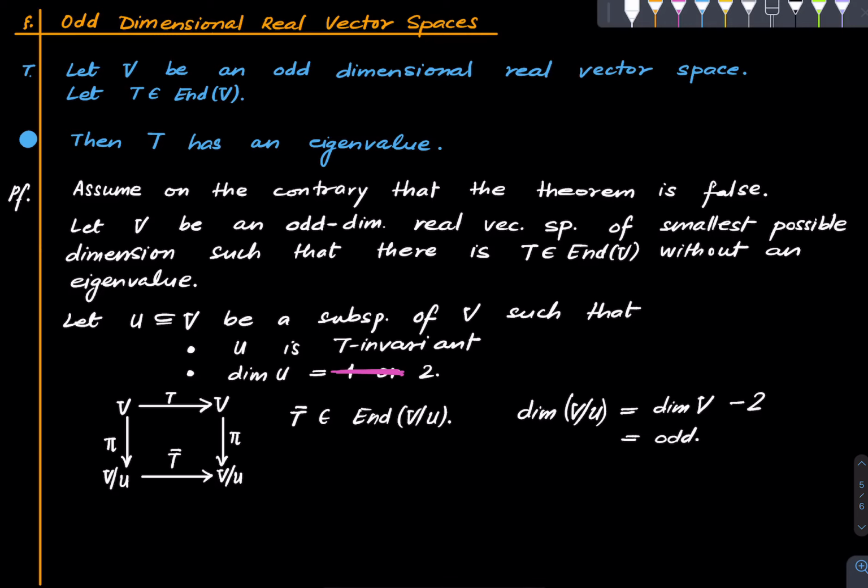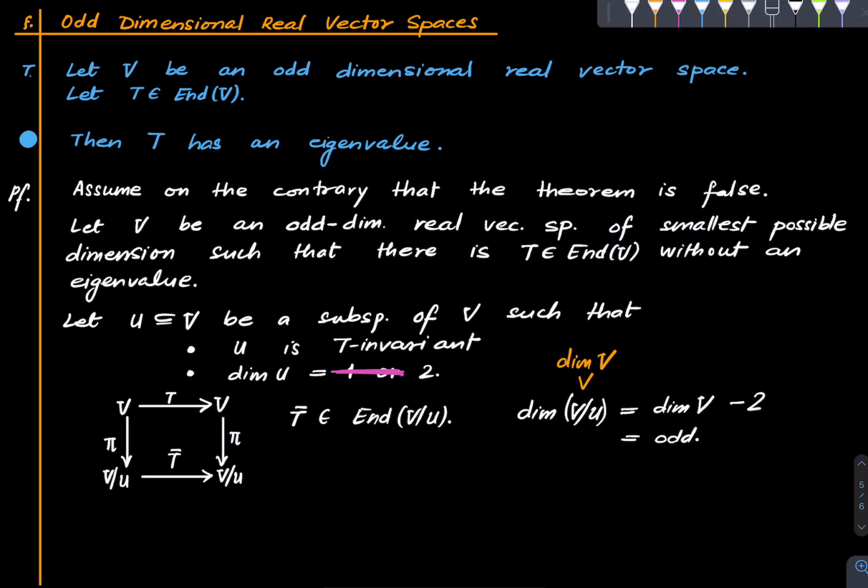Right? So V mod U is an odd dimensional vector space whose dimension is strictly smaller than the dimension of V. So that's the important point. The dimension of V is strictly greater than the dimension of V mod U. And since T bar is an endomorphism on it, by the minimality of the dimension of V, T bar has an eigenvalue, because this is an odd dimensional real vector space of dimension smaller than the dimension of V. So this has an eigenvalue.